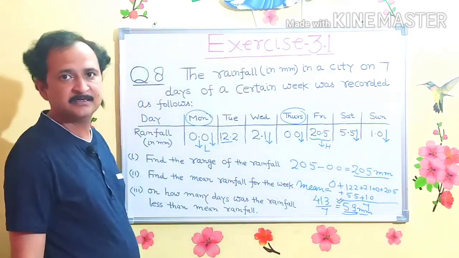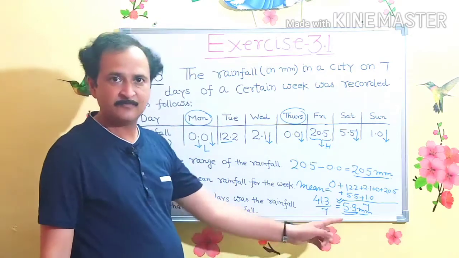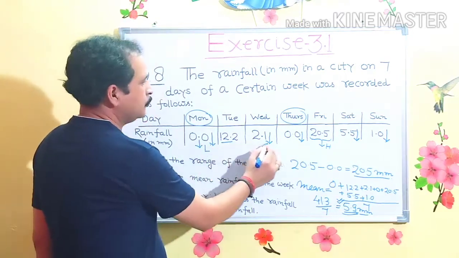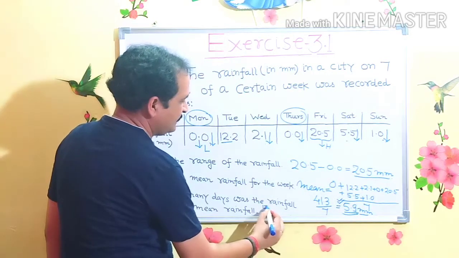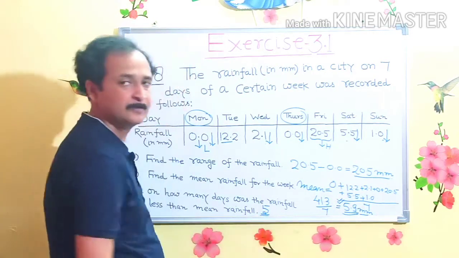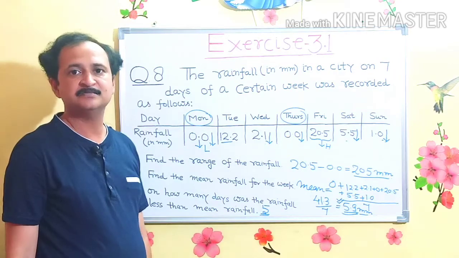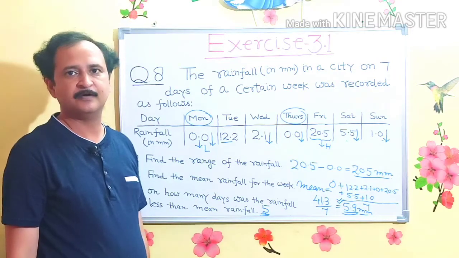So how many days is the rainfall less than 5.9? 1 2 3 4 5. So there are 5 days in this week when the rainfall is less than mean rainfall.